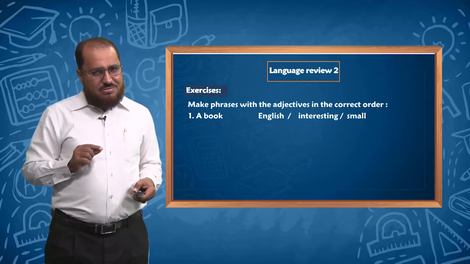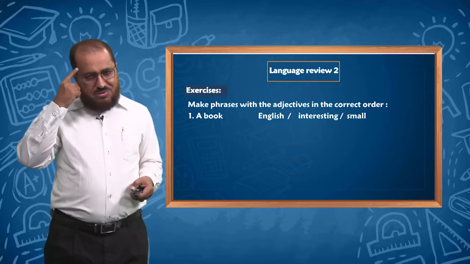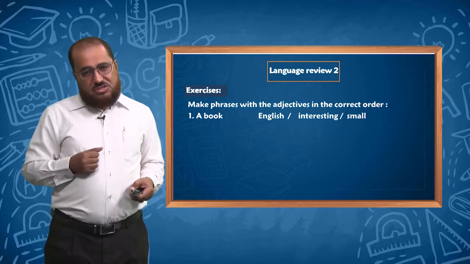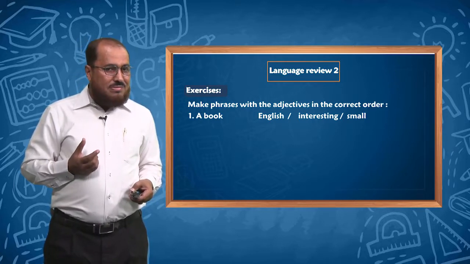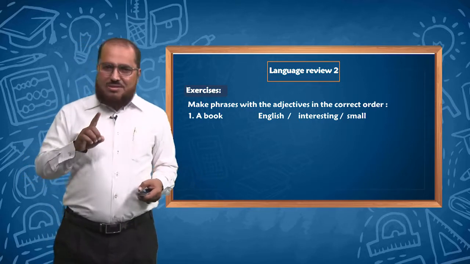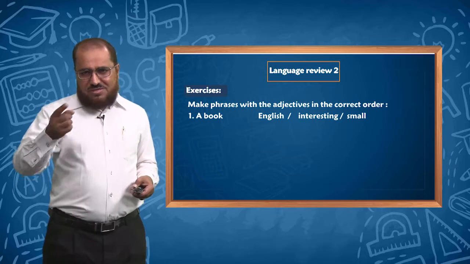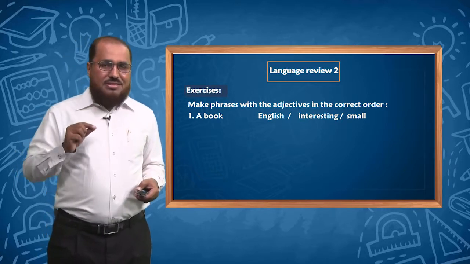English. Is it a color? Is it opinion? Or a size? No. It's a nationality. Interesting? Yes, opinion, because it's interesting maybe for me, but not interesting for you, or vice versa. Small, size.